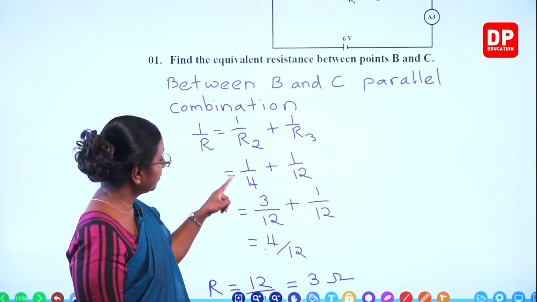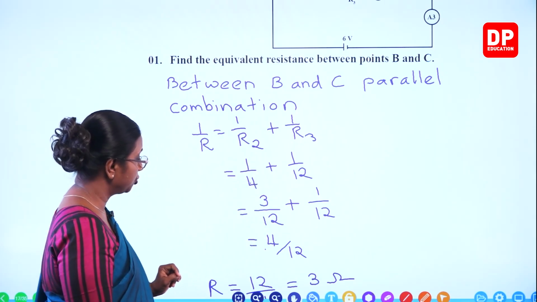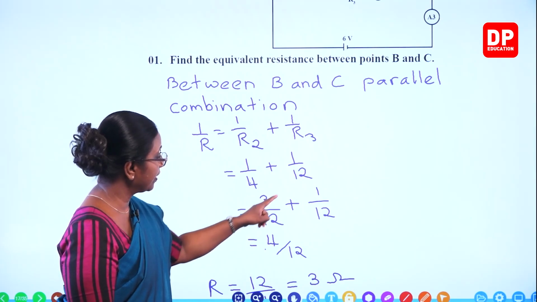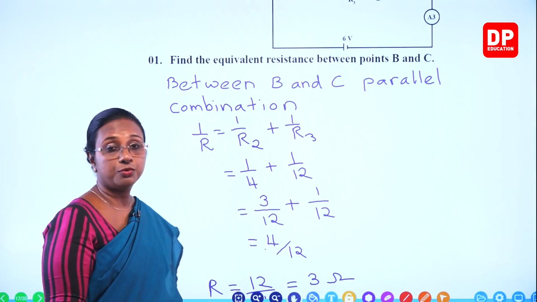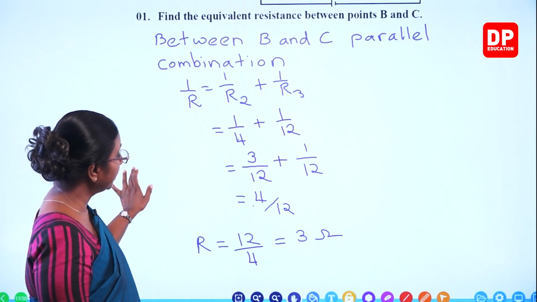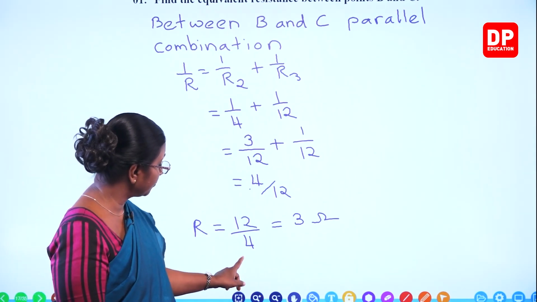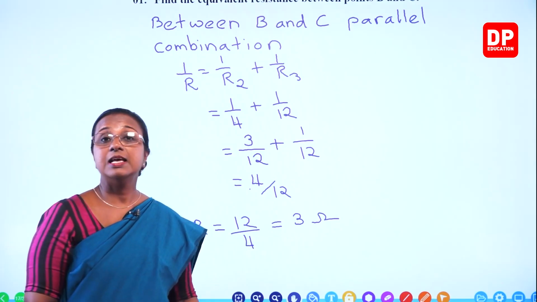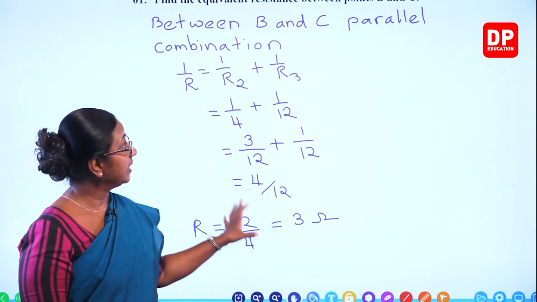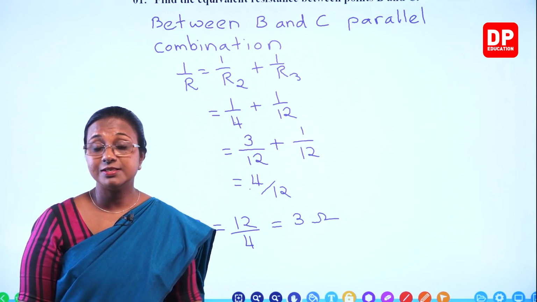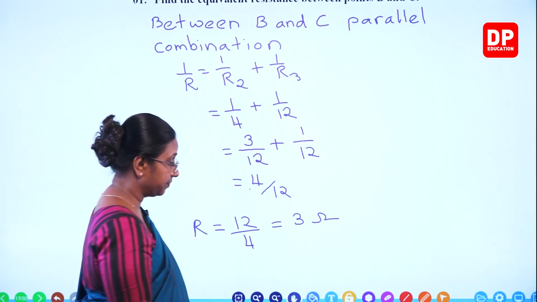That is 1 over 4 plus 1 over 12, which is 3 over 12 plus 1 over 12. You get 4 over 12, and for the equivalent resistance you take the reciprocal. R is equal to 12 divided by 4, that is 3 ohms. So we have calculated the equivalent resistance between B and C.